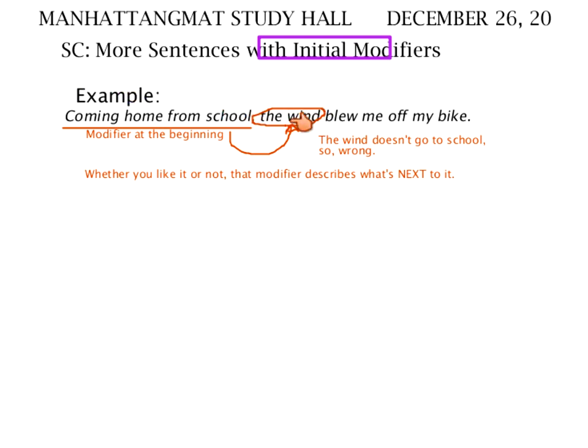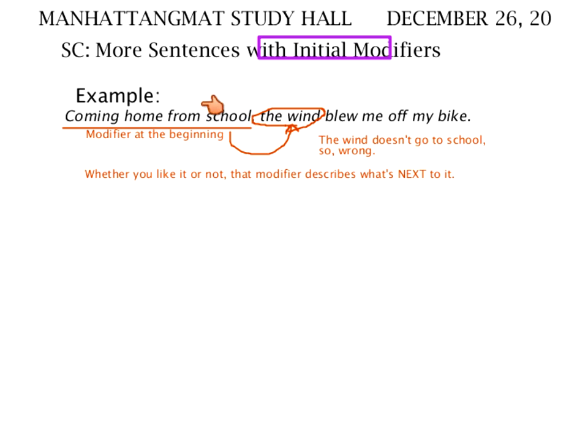So, coming home from school, I was blown off my bike by the wind. But remember that fixing sentences is not really a skill set that you have to have. On top of that, fixing sentences is a much more difficult skill set than just pointing out what is wrong. So I would suggest that you not worry about trying to fix the sentences, but just make sure you know what's wrong with them.